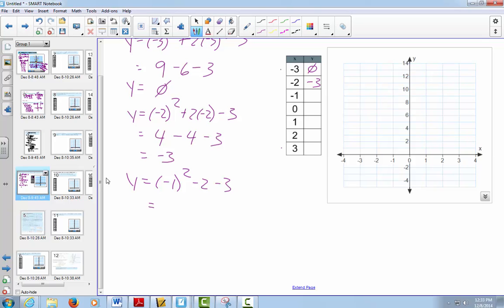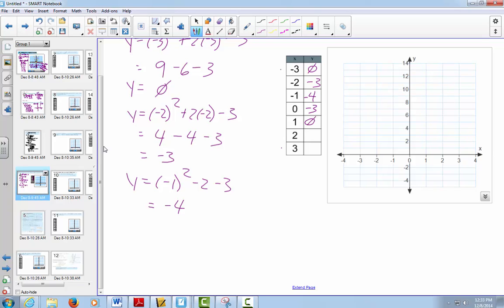And just trying to speed through this, we have 1 minus 2 is -1, -4. And 0 comes in there, and we get -3, 1, 1, 1 plus 2 minus 3. 1 plus 2 is 3 minus 3.